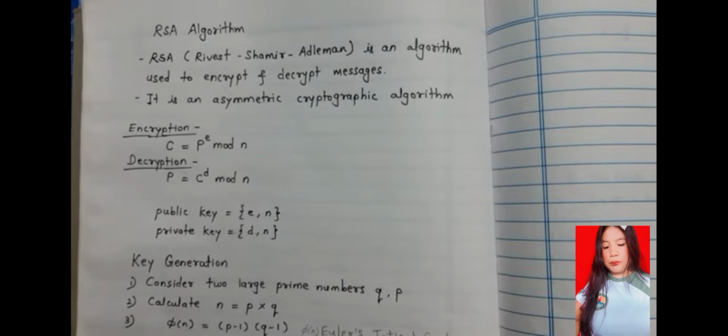We use a private key and a public key for encryption and decryption of the message. Both sender and receiver use a private key and a public key, while in a symmetric algorithm we have only one key for encryption and decryption.